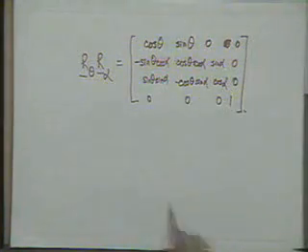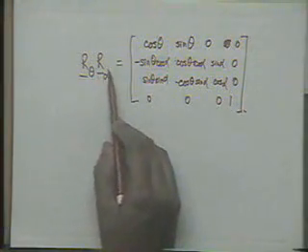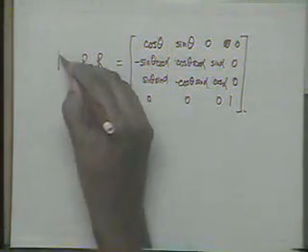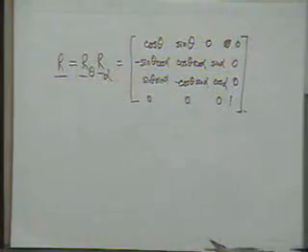These are the elements of the concatenated R theta, R alpha matrix, which I am now calling the matrix capital R.